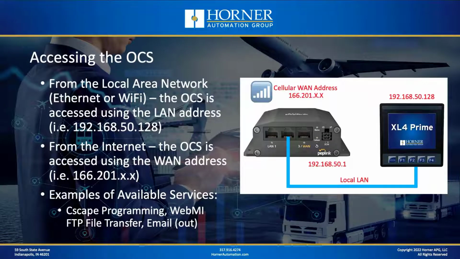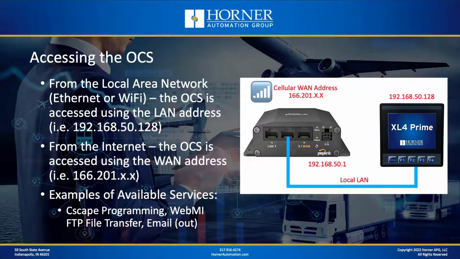All right, now how do we access the OCS? What addresses do we use when we want to talk to the OCS? Well, it all depends where we're located relative to the machine. If we're within range of the machine, so we're right there with the machine, maybe during development, or maybe just when we happen to be servicing the machine, or it's parked at headquarters, whatever the case may be, and we can access the local area network, then we can just talk to the OCS using the LAN address, that 192.168 address.